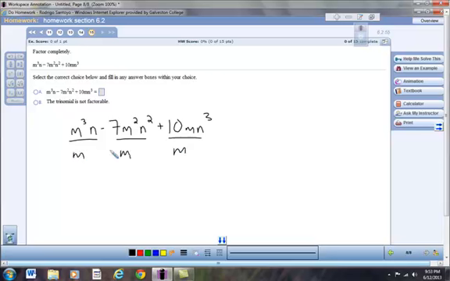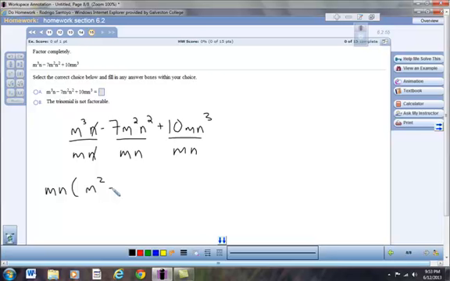And how many m's? 3 m's, 2 m's, 1 m. So it's going to just be 1 m. And they all also have an n. But how many n's do they all have in common? It looks like just 1. So that means that's going to come out in front. And now we divide. We'll see these n's cancel. And we do 3 minus 1 gives us m squared.